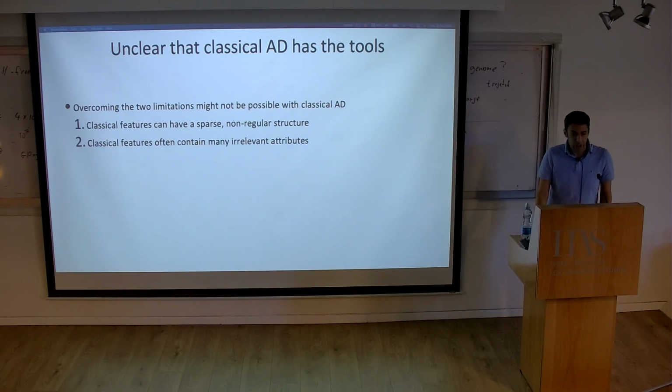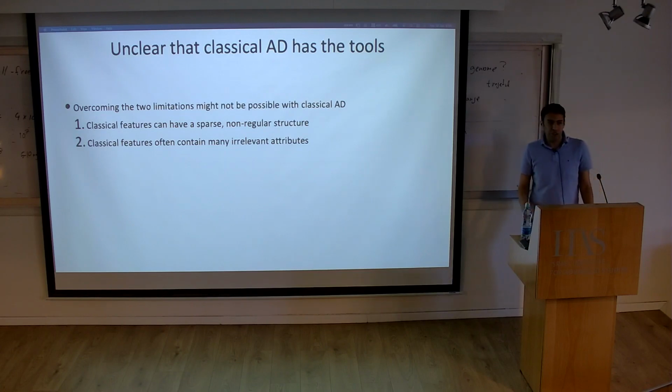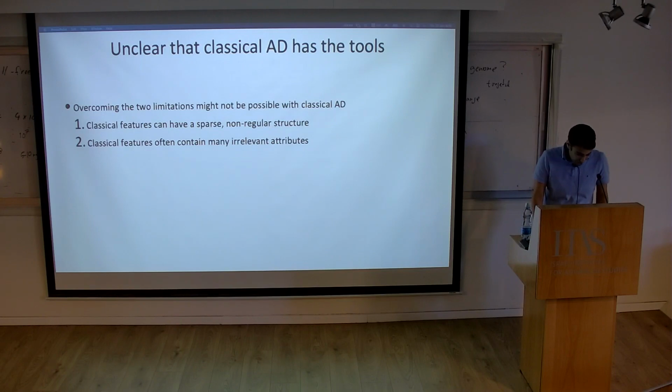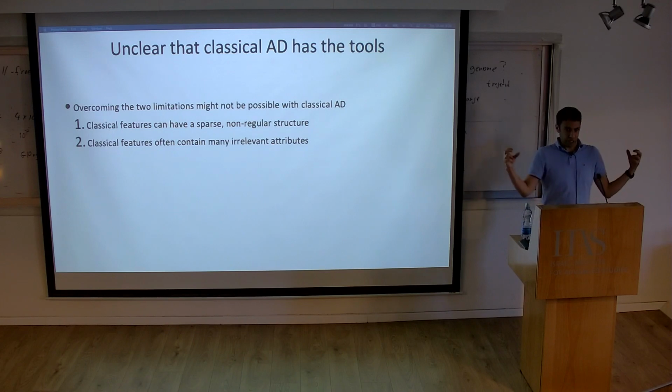Okay, so I would argue that in the general case, it's unclear that classical anomaly detection has the tools to actually overcome these two challenges, for two reasons. The first one is that classical features, unless they are extremely well handcrafted, typically have a sparse and non-regular structure, which makes it often quite difficult to perform density estimation on them, especially when they are very high dimensional.